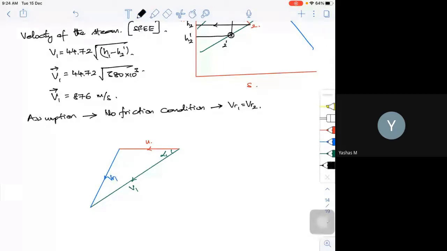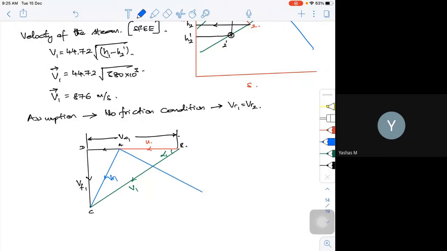Okay, I'm going to close the triangle with the VF1, then this will be my VW1. So this is my VF1, this is my VW1. If I want, I can name these as A, B, C, D.